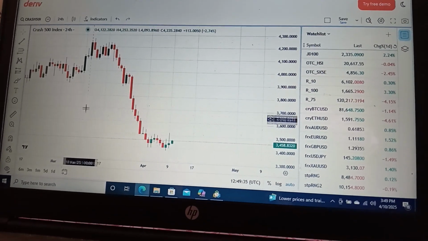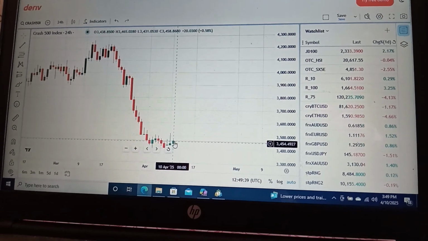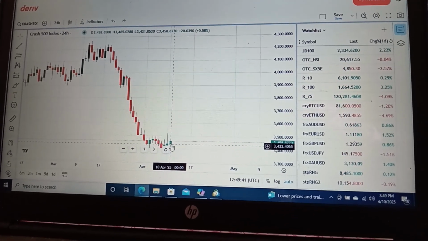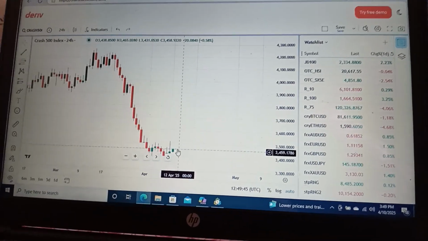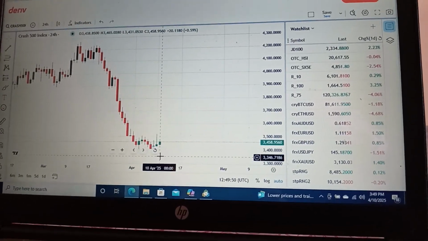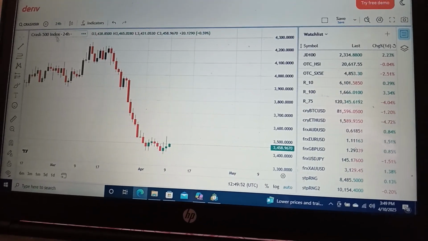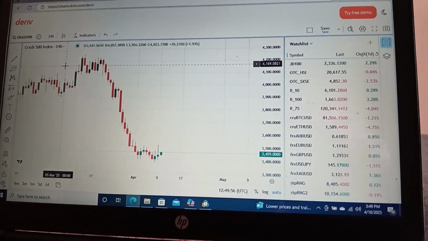So we are expecting more bullish pressure. We are expecting this candle, the third candle, to finish on a bullish momentum. After one day, we have already noted that we have a bullish trend.